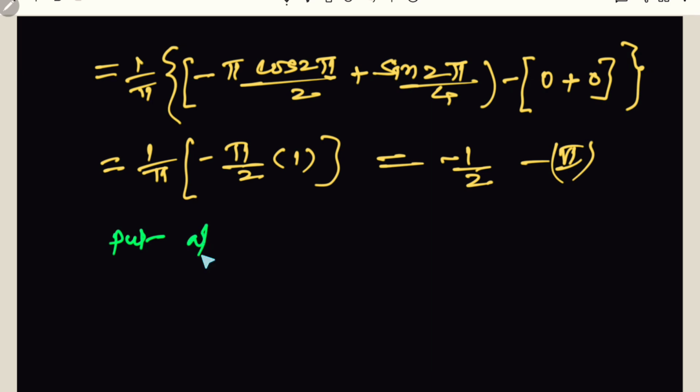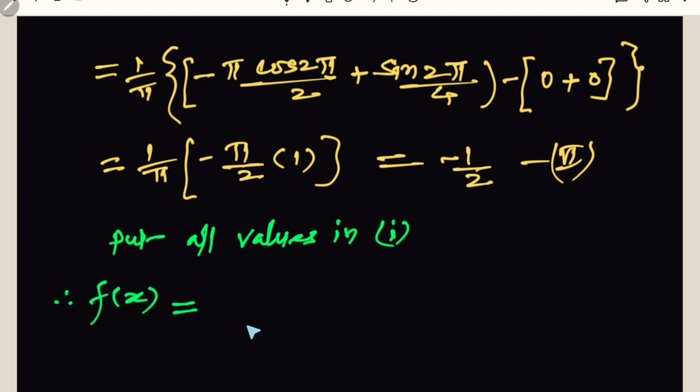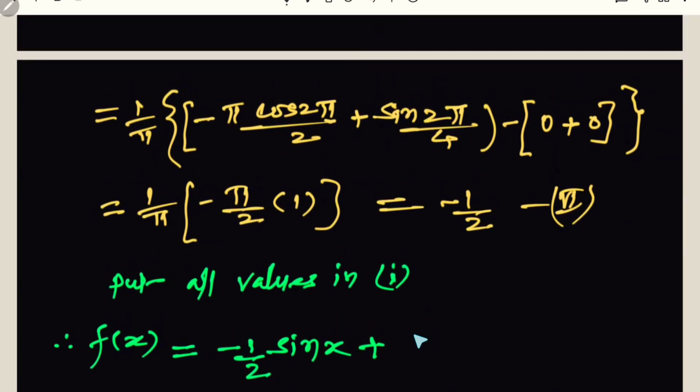Put all this in equation 1. We get f of x as x cos x. We can substitute the value of f of x as x into cos x. First term is b1 sin x. Value of b1 is minus 1 by 2 into sin x.